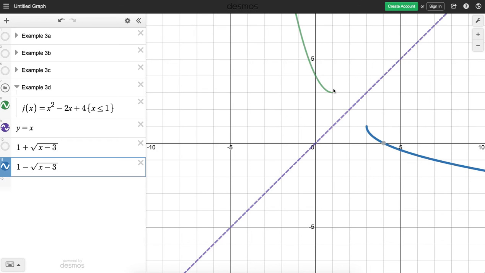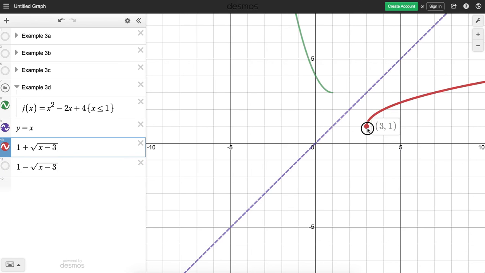From a visual standpoint, our original domain are values of x that are 1 or lower, which means our range values have to be y is 1 or lower. And if we look at this graph, our range values are 1 for y and going up. So again, not only does it have to be that reflection, it has to have that domain and range switch.